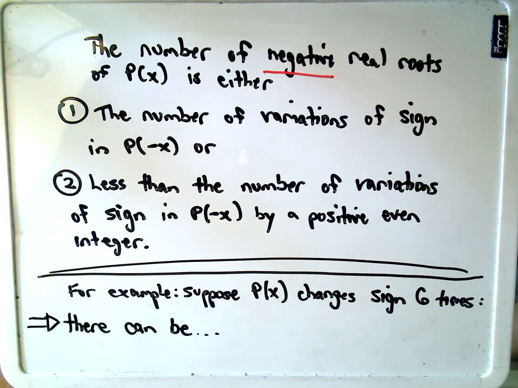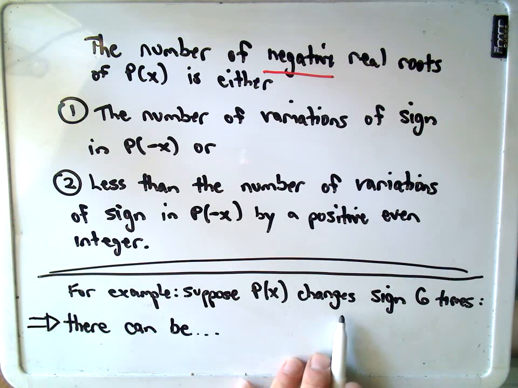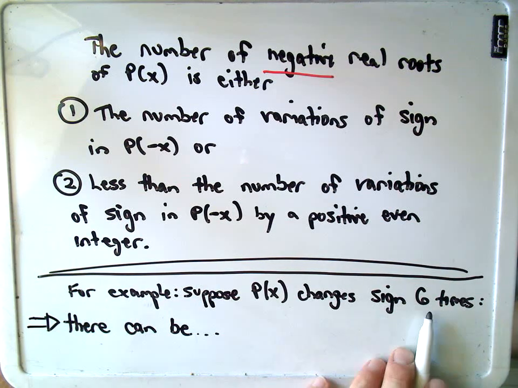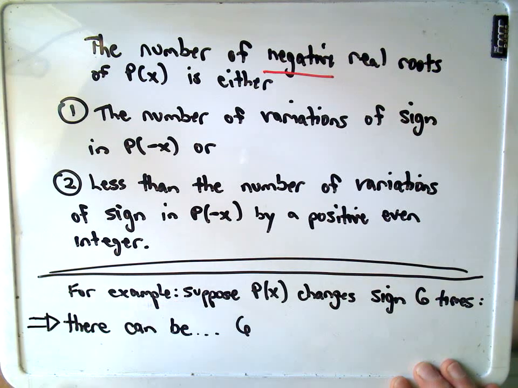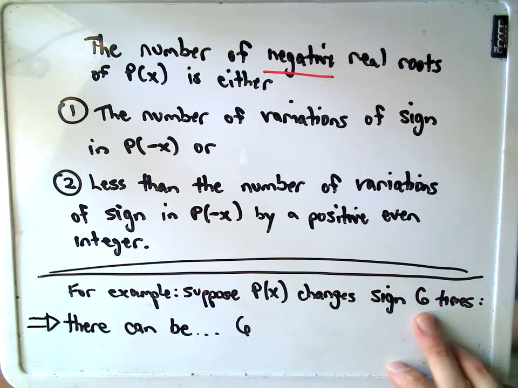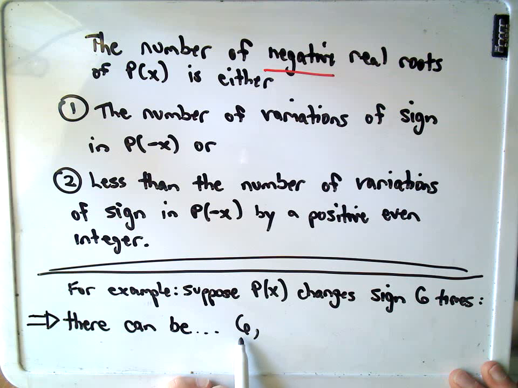We'll talk about actually calculating these polynomials and counting the variations, but just to start off, suppose we have our polynomial p of x and we count and conclude that it changes sign 6 times. It says it can be the same as the number of variations, so you can have 6 roots, or now you just have to start decreasing by multiples of 2.